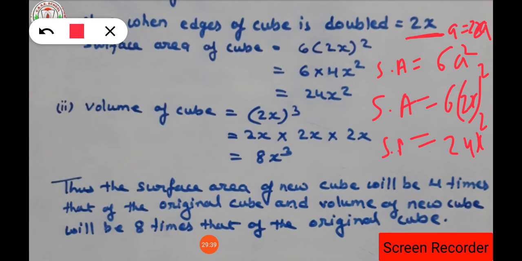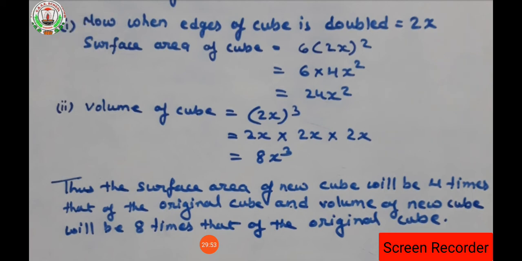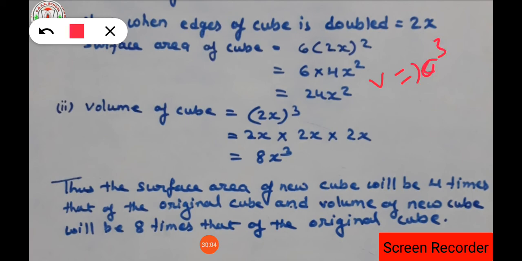So the surface area of the new cube, when the edge is doubled, will be increased 4 times. Similarly, if the volume of a simple cube is x cube, and its edge, that means side, is doubled, then what will be the effect on the volume?